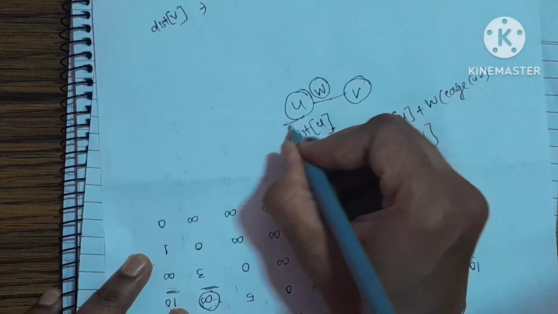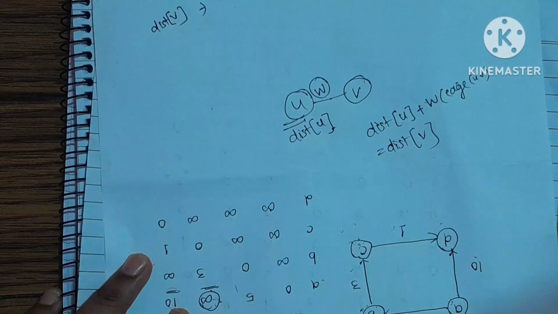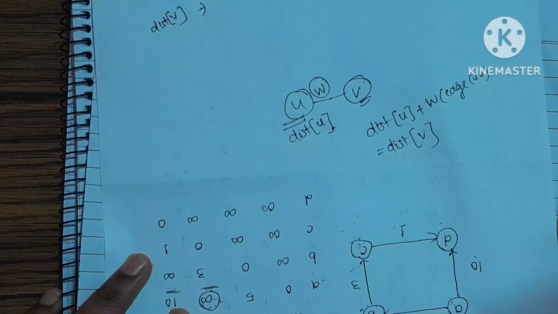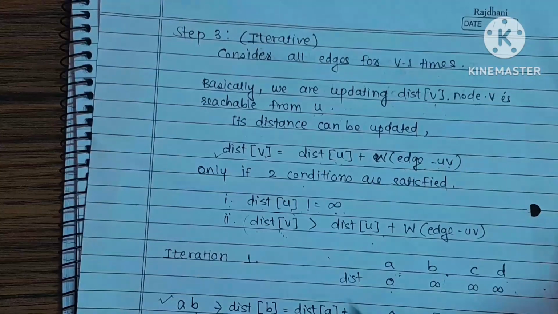If the distance of node u is unknown, we are not able to calculate the distance of v. Say we want to go to Mumbai from Kolhapur via Pune, and if we don't know the distance of Pune from Kolhapur, we are unable to calculate the total distance from Kolhapur to Mumbai. So this is how the first condition makes sense.